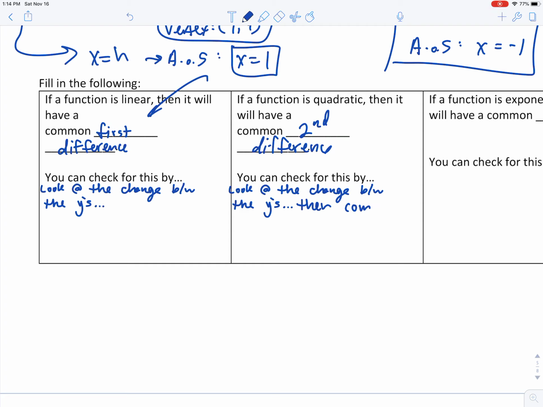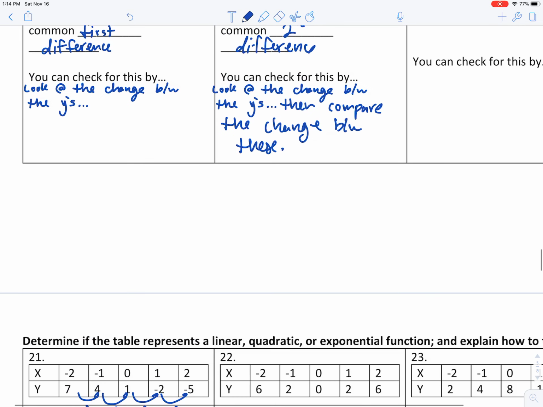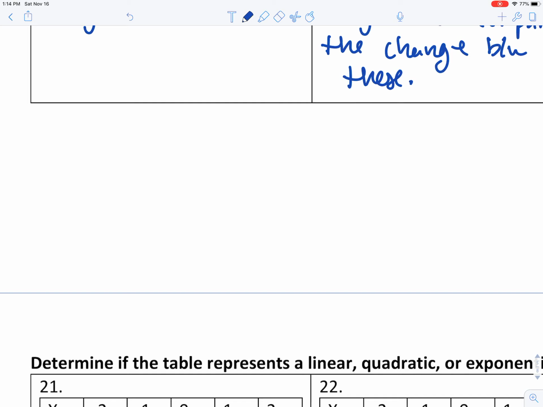Then compare the change between these. Okay, so we'll have to clarify that a bit more, but in this case, let me give you an example of a quadratic function.